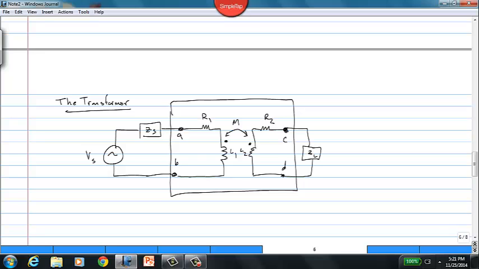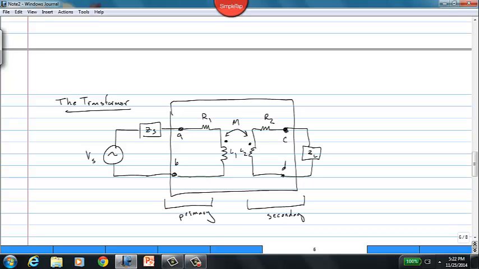So again, we've got some sort of voltage source. It's got an internal impedance. It's connected to what's called the primary side of the transformer, and then the mutual inductance couples whatever's going on in the primary side over to the other side, which is called the secondary side of the transformer.